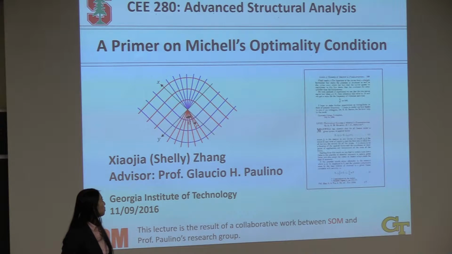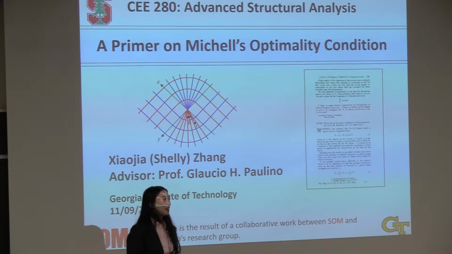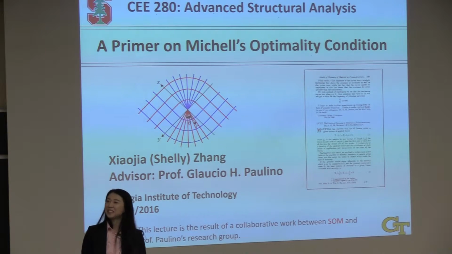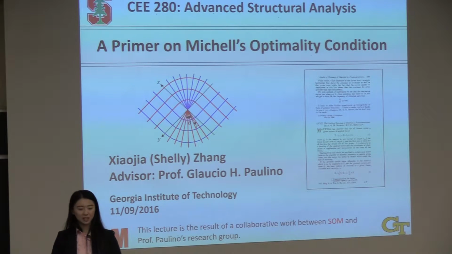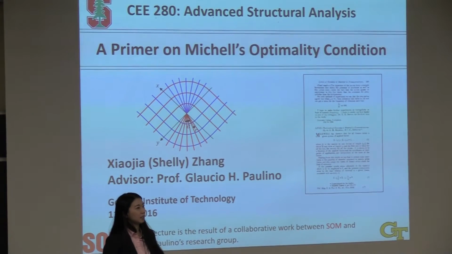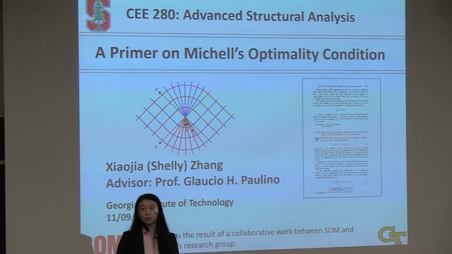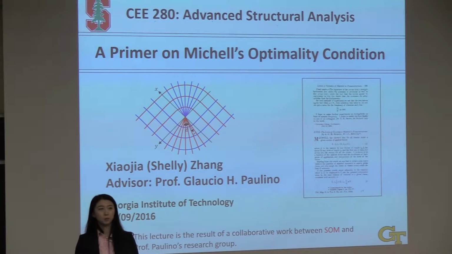Before I begin this talk, let me ask you another question. Why do we care about optimal structure? In my opinion, the resources are becoming more and more limited nowadays, and the demand on the structures is more and more.